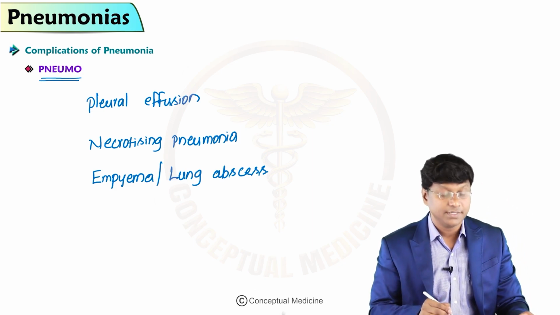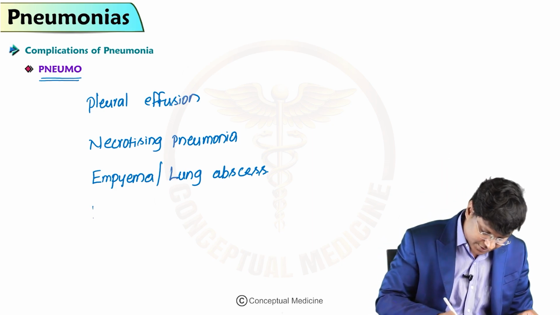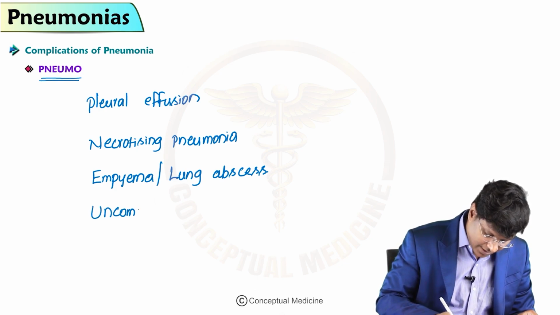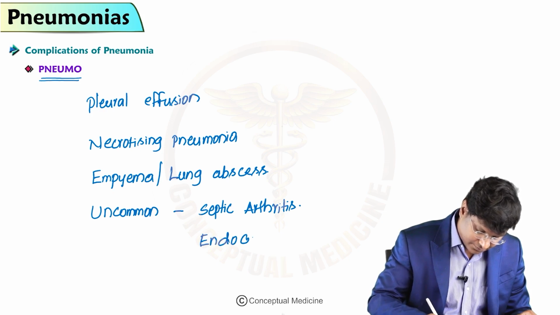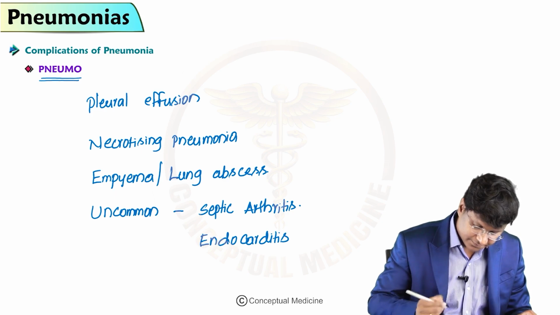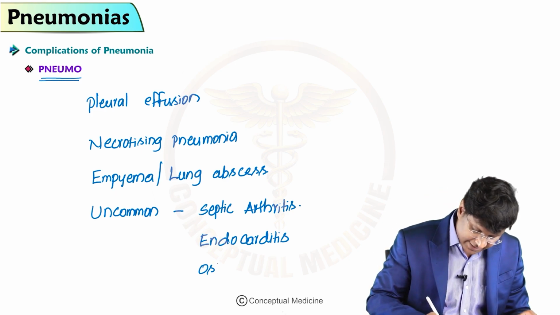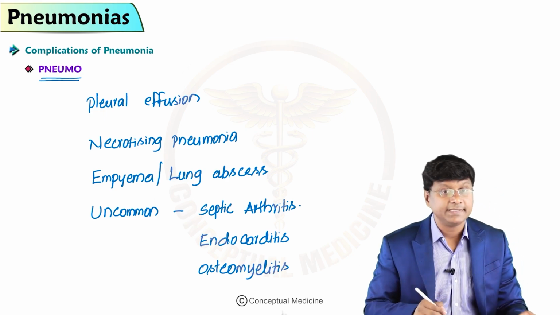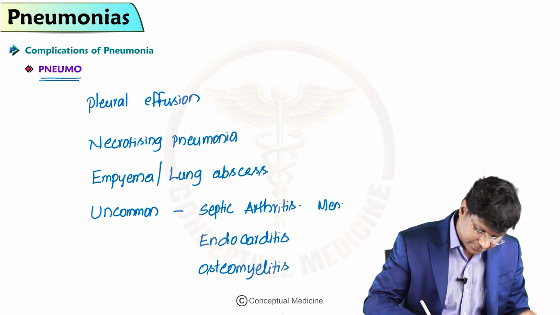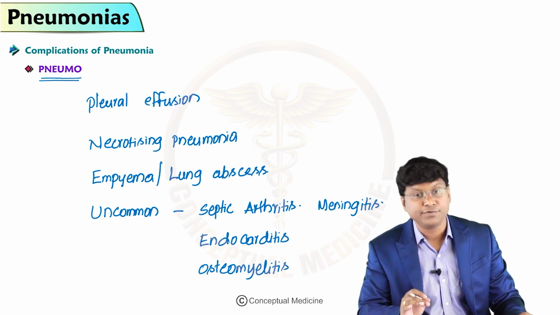And U is uncommon complications, which will be in the form of septic arthritis, endocarditis, osteomyelitis, and then meningitis. So these are the uncommon complications of pneumonia.